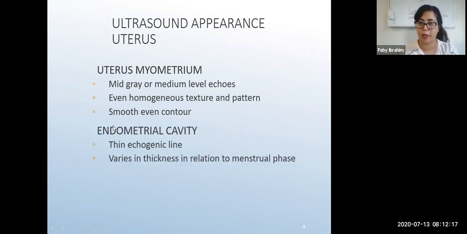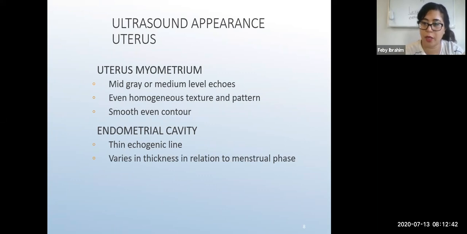For the endometrial cavity, we mentioned this one, it varies in thickness in relation to the menstrual phase and also varies in ultrasound appearance. Here it's a thin echogenic line. In one of the menstrual phases, you're going to see the endometrium as a thin echogenic line, but not all the time.